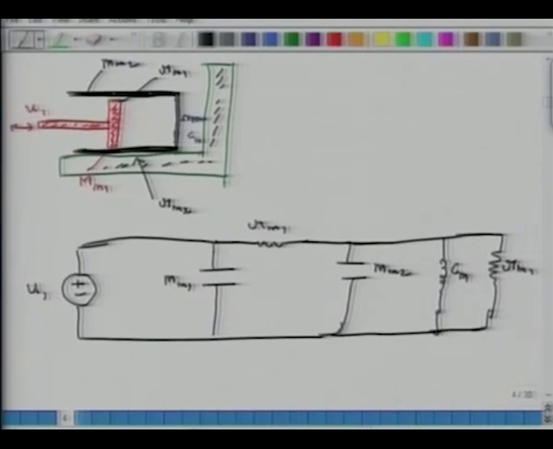Whatever force is being exerted by the second mass will be distributed amongst the compliance member and the friction member, so they are in parallel. The force will split into F1 and F2 through those two members, right? So, like what Mayank asked, you have to think a little bit carefully about how to construct those elements. But once you have the circuit network correct, then it's fairly straightforward to solve these problems.